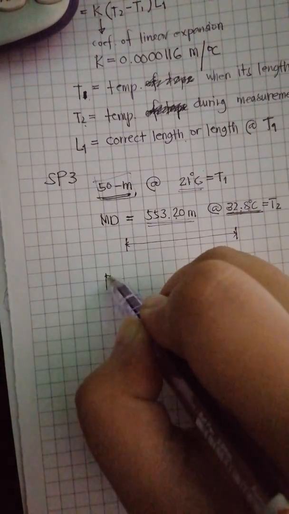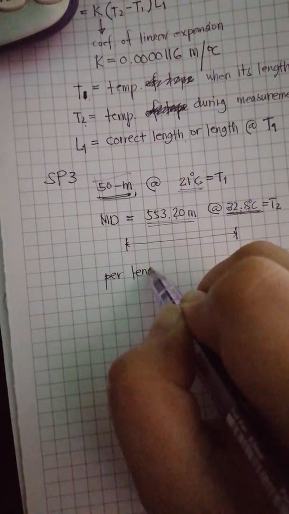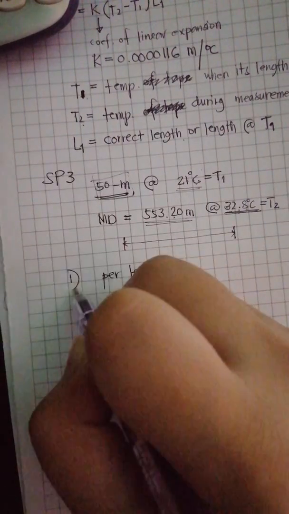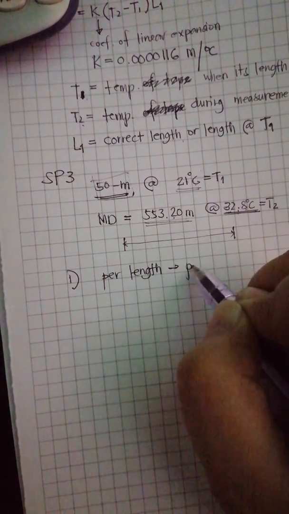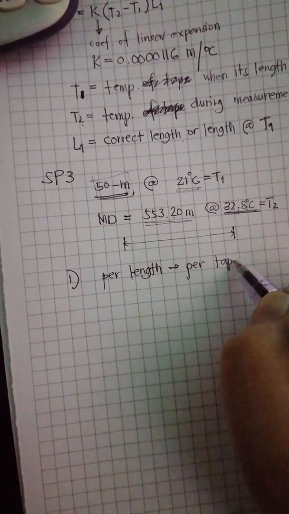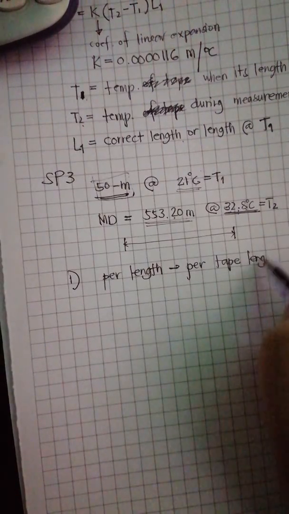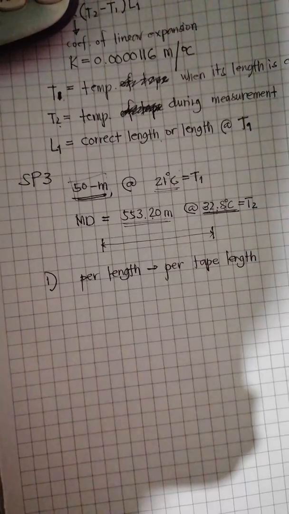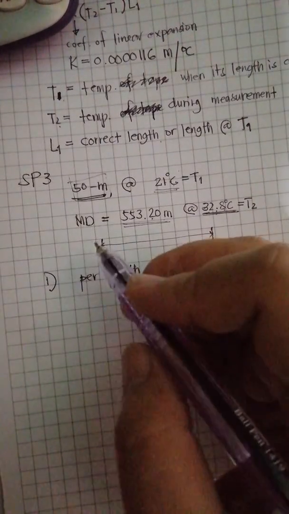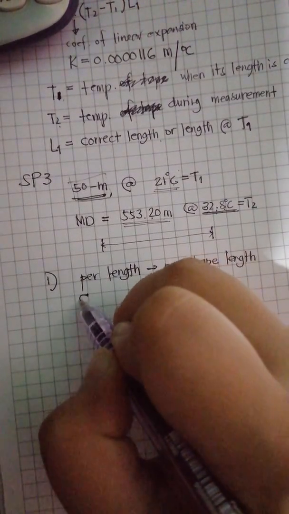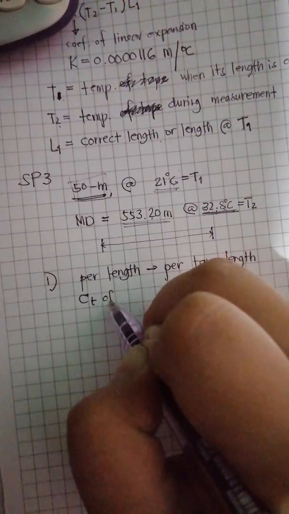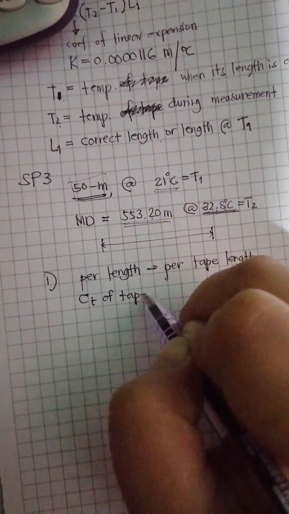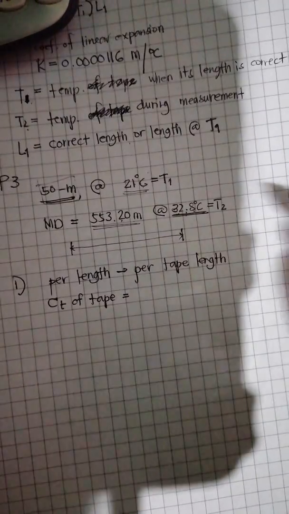When we say per length, this is the first question. It means per tape length. So for one length of the tape, how much is the correction? Let's say CT, correction of tape due to temperature.